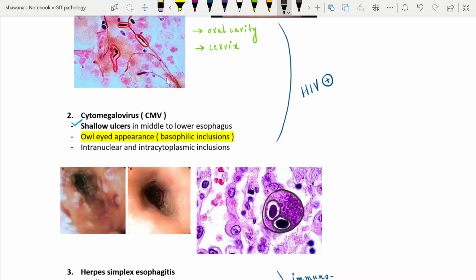These inclusions are not only intranuclear but also intracytoplasmic, present inside the cytoplasm as well as the nucleus. And grossly we can see shallow ulcers inside the esophageal wall.